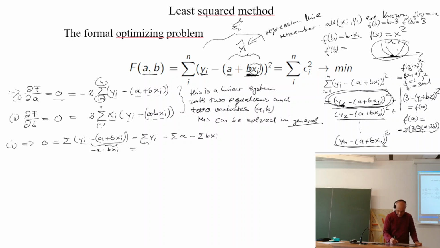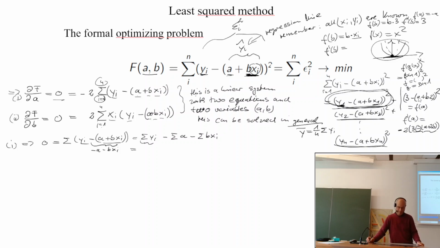Well, what is this? The sum over all y data points. Remember, the arithmetic mean of our y data points is nothing else than 1 over n times the sum of all data points.